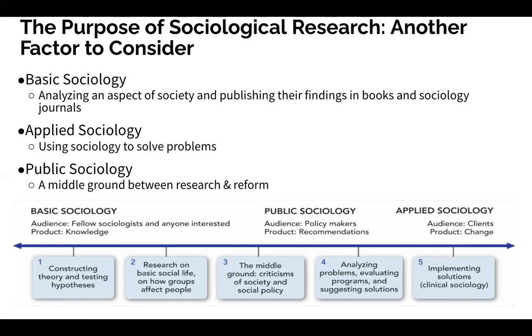So this is the type of sociology that's often associated with societal reform, where you are suggesting solutions, you're implementing those solutions, and this is the type of sociology that's not just done for the benefit of other academics, but for the benefit of practitioners. Public sociology is a middle ground between research and reform.